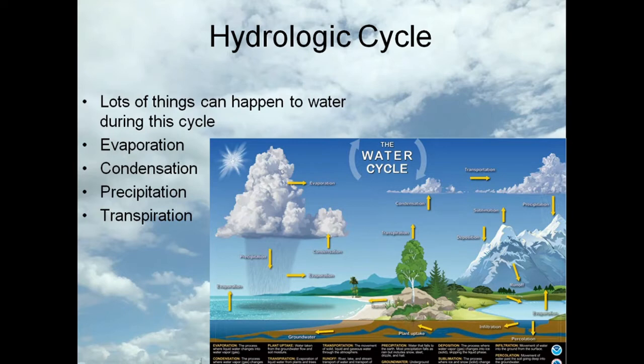Now you can see it fall as precipitation and hit the ground, or you can see it evaporate before it hits the ground. That's called virga. Transpiration is the trees and the grass transpiring, and that water vapor enters the atmosphere.